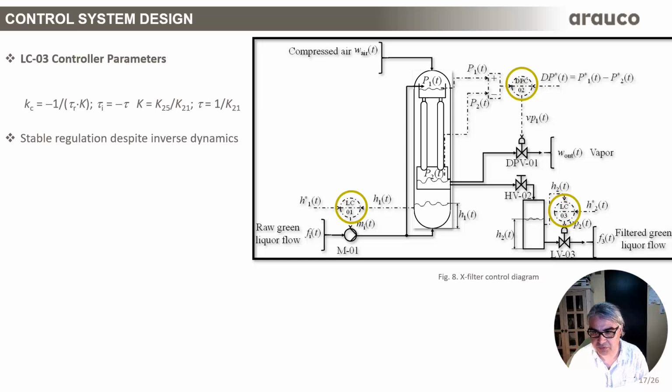Proper tuning of this response time allows flexibility depending on operational requirements. The pressure difference driving filtration is regulated indirectly by controlling the internal vessel pressure. This structure avoids direct manipulation of the pressure differential and aligns with industrial practices.